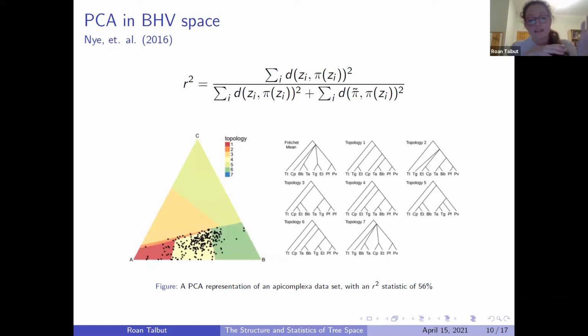Firstly, one thing to note is that this triangle is going through lots of different orthants in our tree space, which is why we've got all of these different colors here. So these different colors correspond to the different orthants that our triangle is passing through. And on the right, you can see these different topologies that correspond to the different orthants.